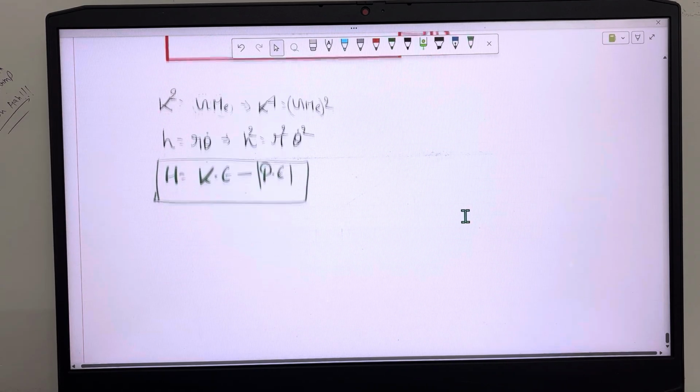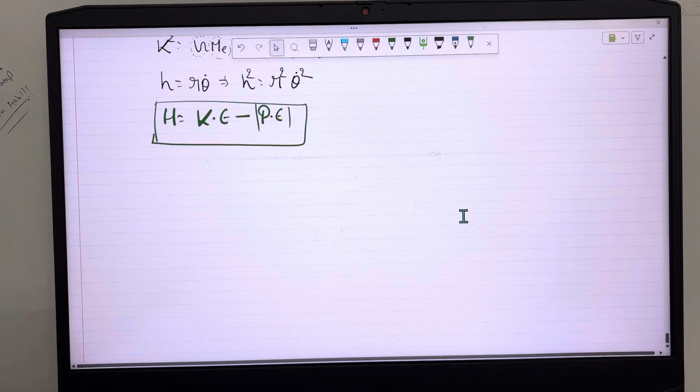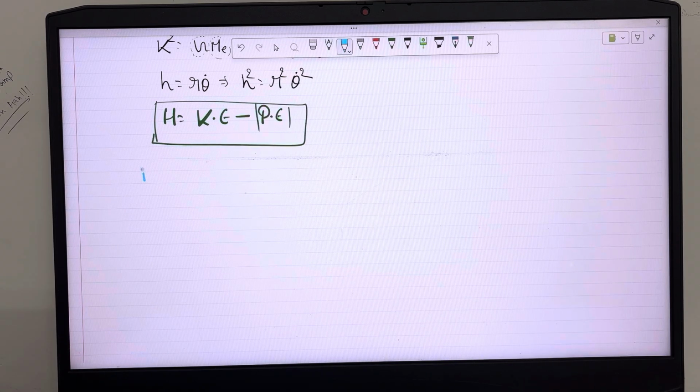Fine. Now let's see what happens if the kinetic energy of the small mass is greater than the potential energy. Then what will be the trajectory? So if the kinetic energy is greater than the potential energy, then h will be, of course, greater than 1, which results here in this equation.